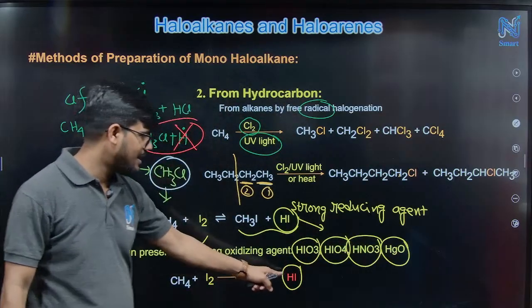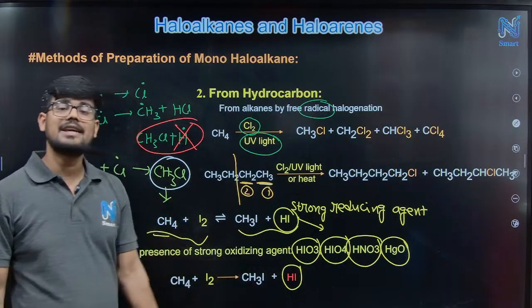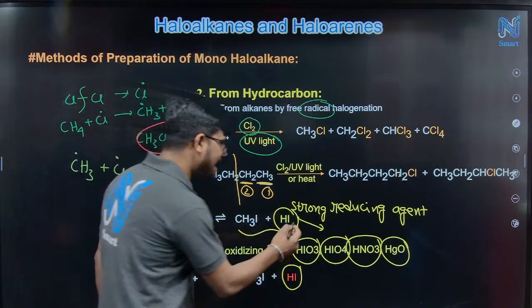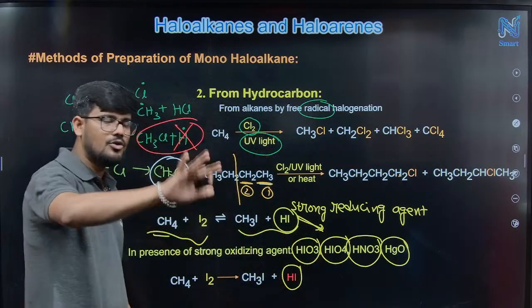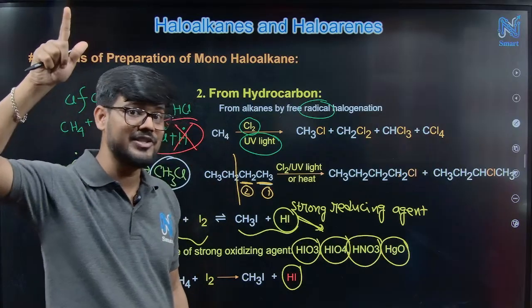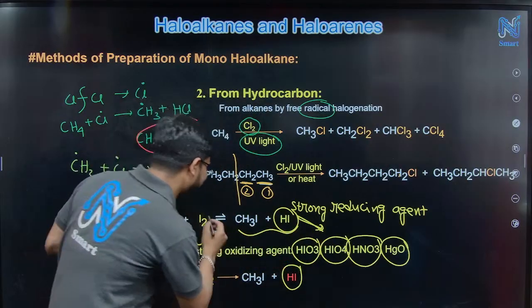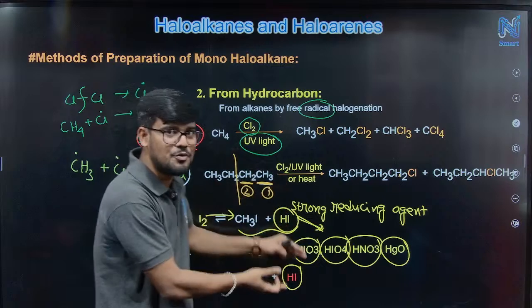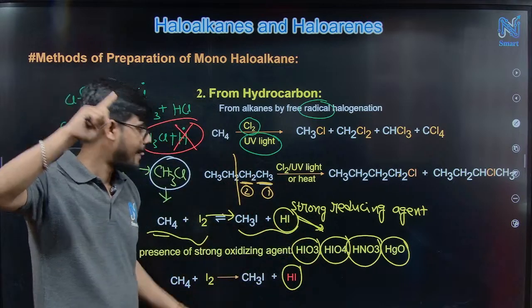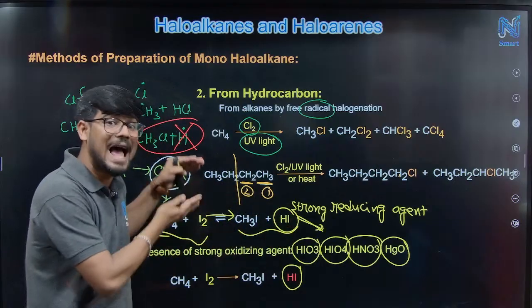Okay, so here HI will be removed, so basically this reaction will become irreversible, and you are getting CH3I. Or you can consider it this way: if HI is moving out, according to Le Chatelier's principle, if you remove one of the products, the reaction will try to balance that.